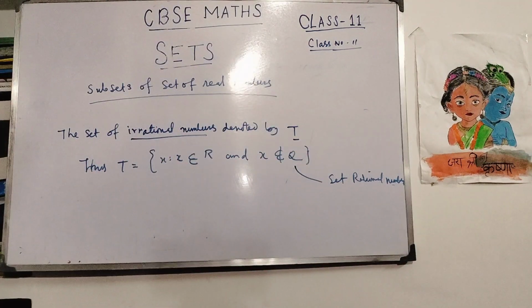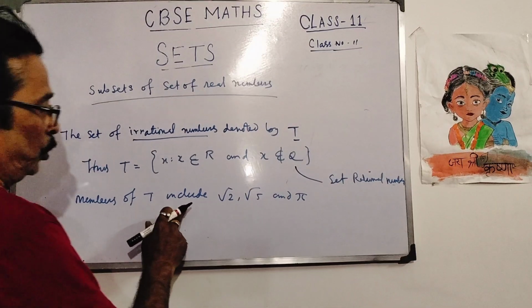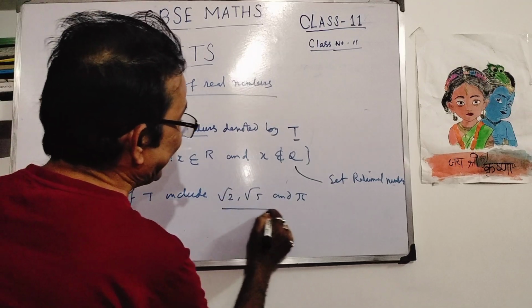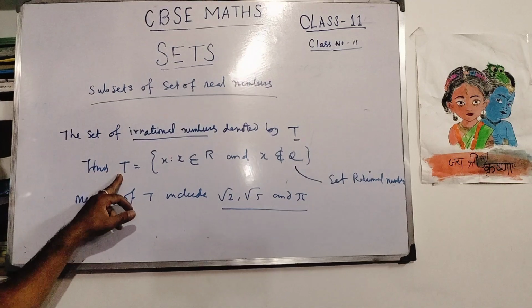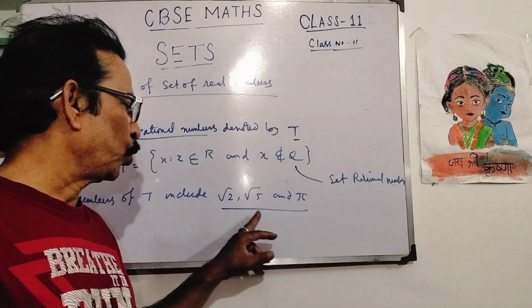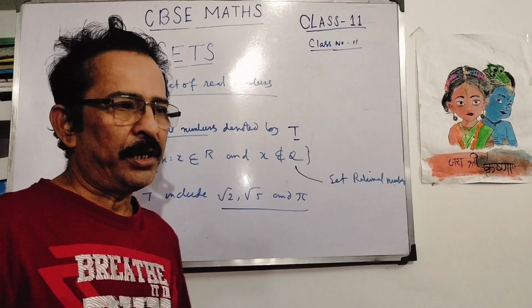So members of T include root 2, root 5 and pi. These are irrational numbers. T is a set whose members are root 2, root 5, pi, root 7 maybe.